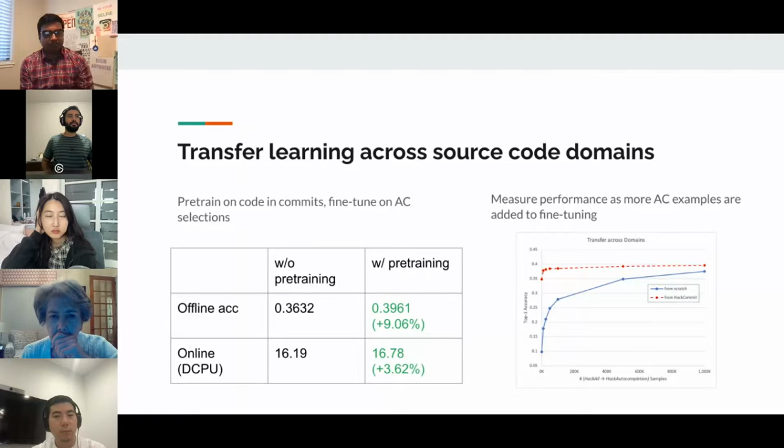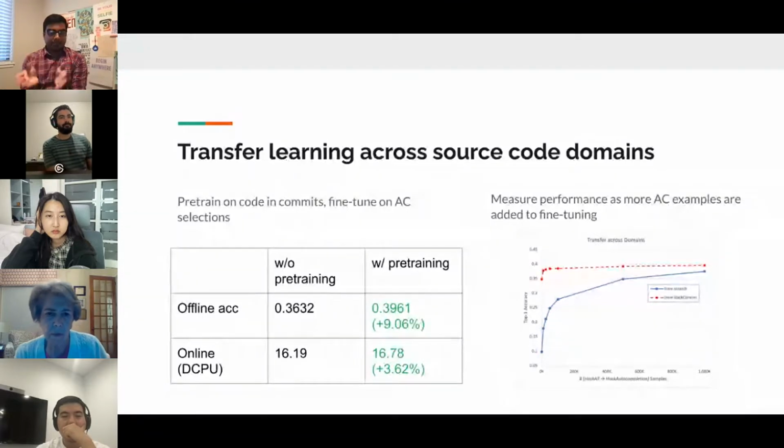And again, across this dimension, we see that the pre-training does help, and it again results in a statistically significant improvement to the model. On the right, you can see the plot where we measure the performance of this model based on the number of auto-completion examples that are present during fine-tuning.